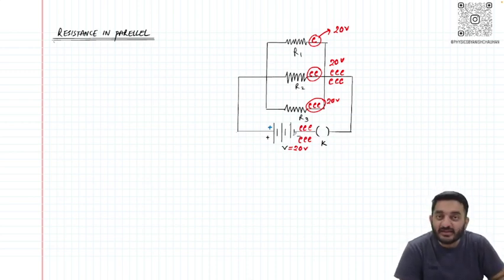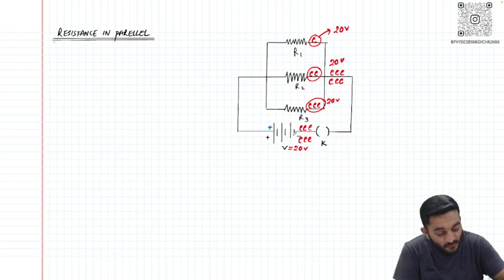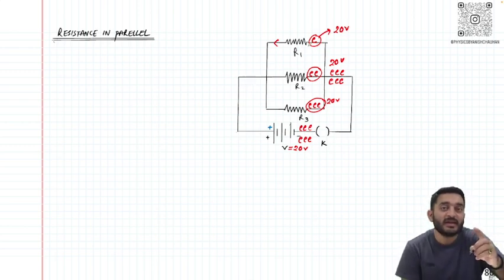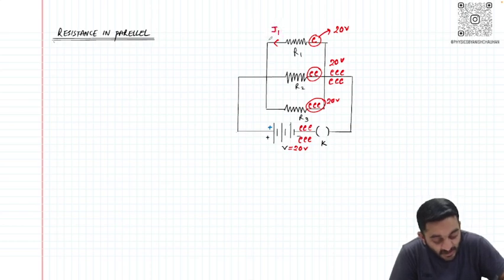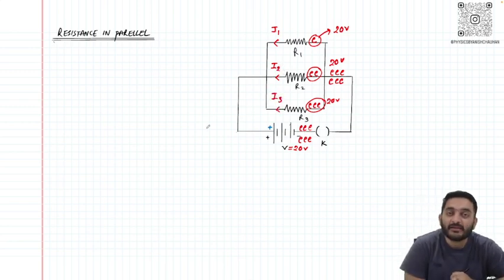What we understand from here is that in this case my value of current is going to be different, because through R1 just a single electron passes, and the flow of current depends on the flow of electrons. So this is my I1, here the value of current is going to be I2, and here the value of current is going to be I3.